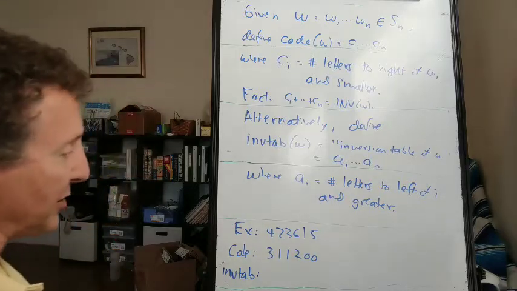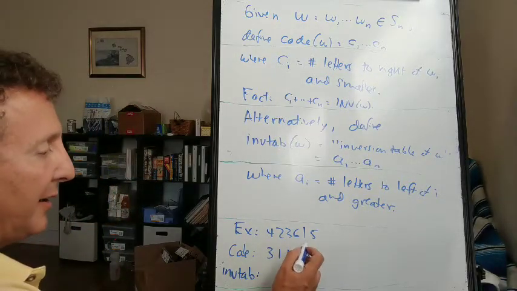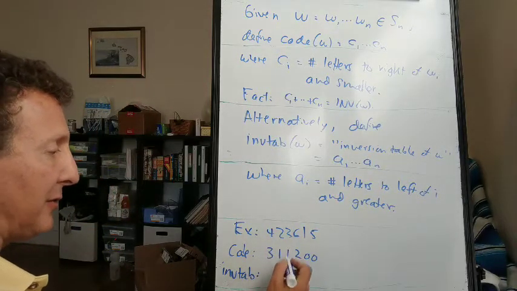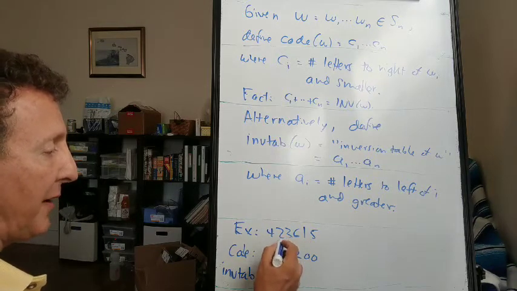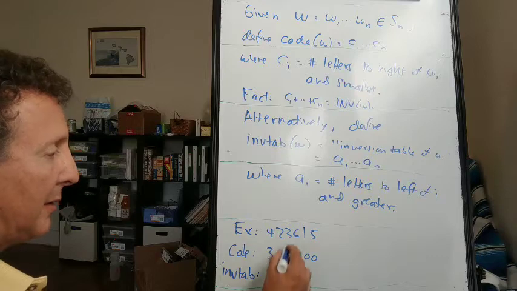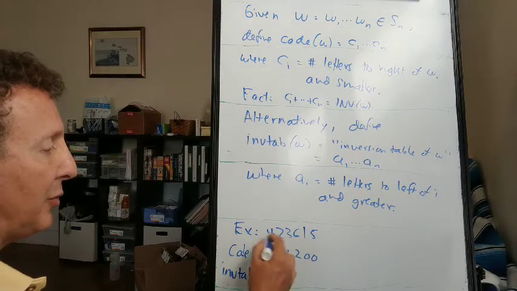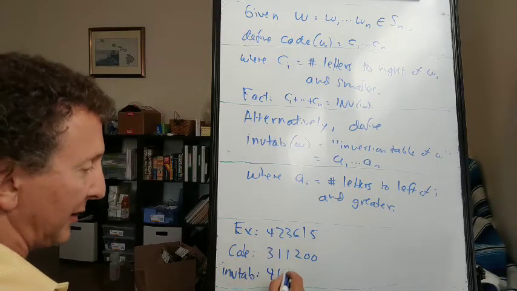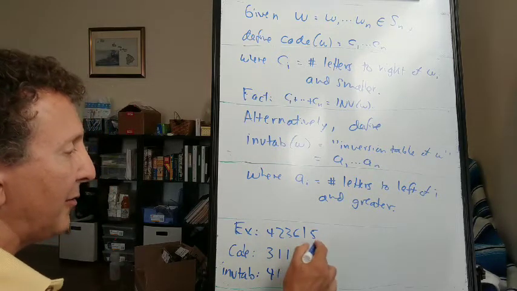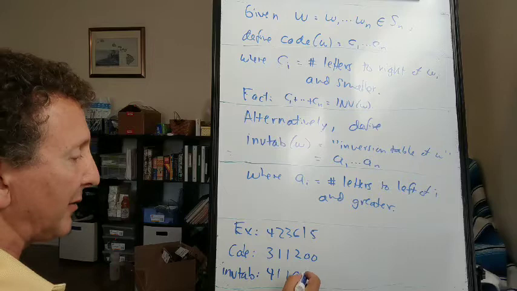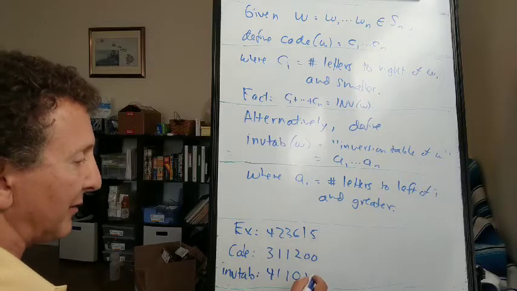And if we look at the inversion table, we find the 1 and say there's 4 things to the left of it and greater. Then we look at the 2, there's 1 thing to the left of it and greater. We look at the 3, there's 1 thing to the left of it and greater. 4, nothing to the left of it and greater. 5, there's 1 thing to the left of it and greater. And 6, there's nothing to the left of it and greater.